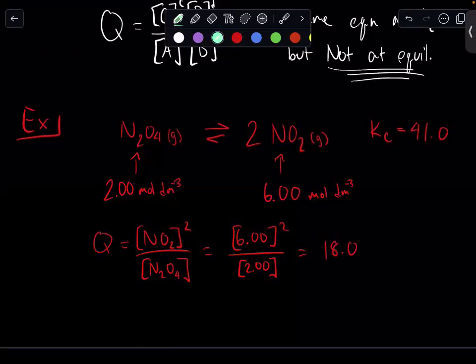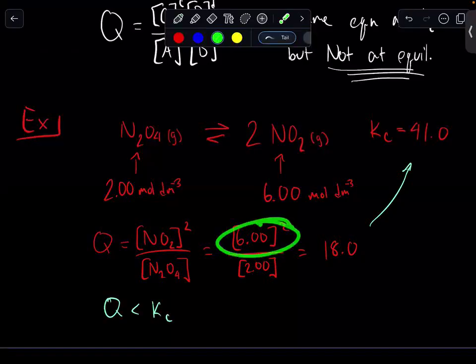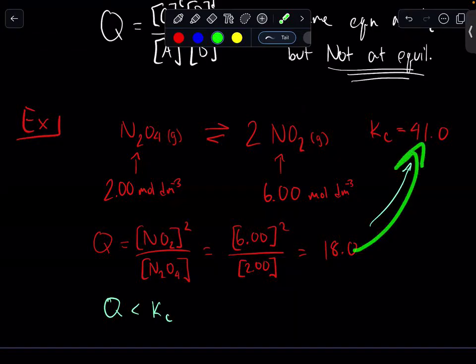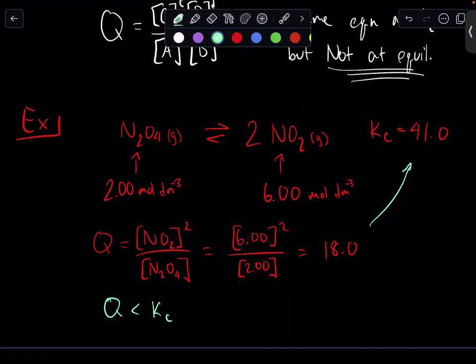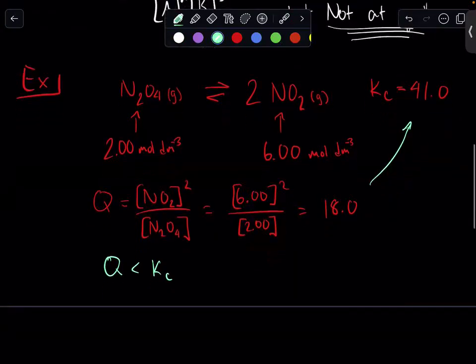So you'll notice that our value, Q, is less than Kc. In this case, that means our value on top is either too small or our value on the bottom is too big. But the only way to rectify that, to get to a larger magnitude to reach our equilibrium constant, is to produce more products. If this number becomes larger or this number becomes smaller, which happen at the same time as this reaction progresses, our Q gets larger.